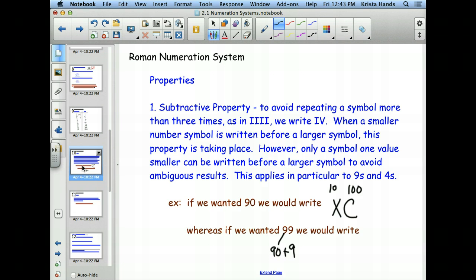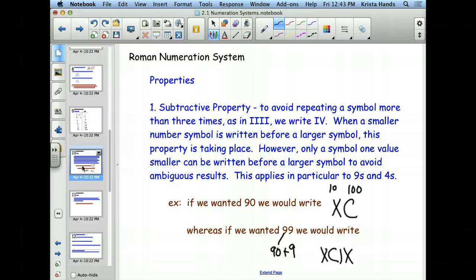And how do I write 90? XC, we just did that, right? And then how do I write 9? IX. So you don't just get to use the subtractive feature anytime it sort of suits your fancy. Like to make it easier and more convenient. We're going to use it the way that they used it. And the way that they used it is to sort of break apart each of the values into their individual place value values. Okay?